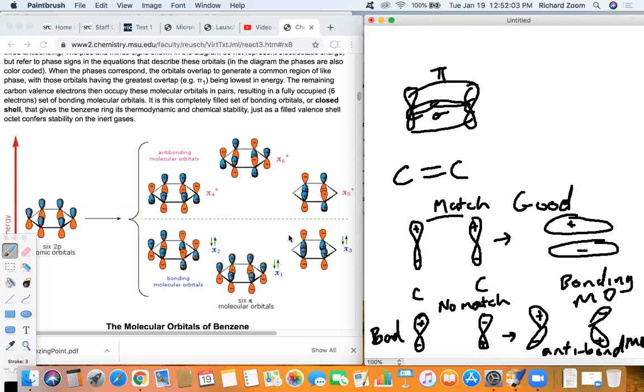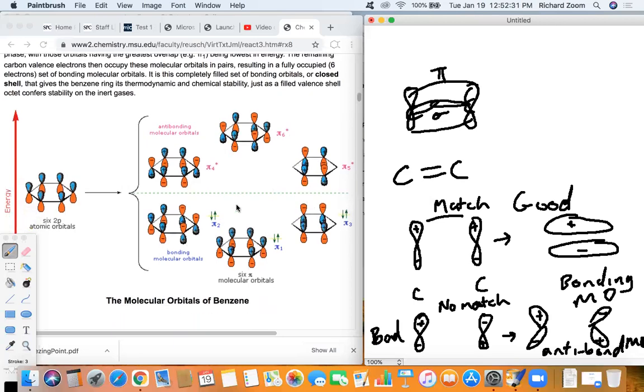So you can see here, these are the other four possibilities. And I'm not going to go through them, but these are the other four kinds of combinations. And it turns out that the two down here are of equal energy, and these two up here are of equal energy. But these tend to be anti-bonding because there's more anti-bonding going on than bonding. And these are bonding because there's more bonding going on than anti-bonding.